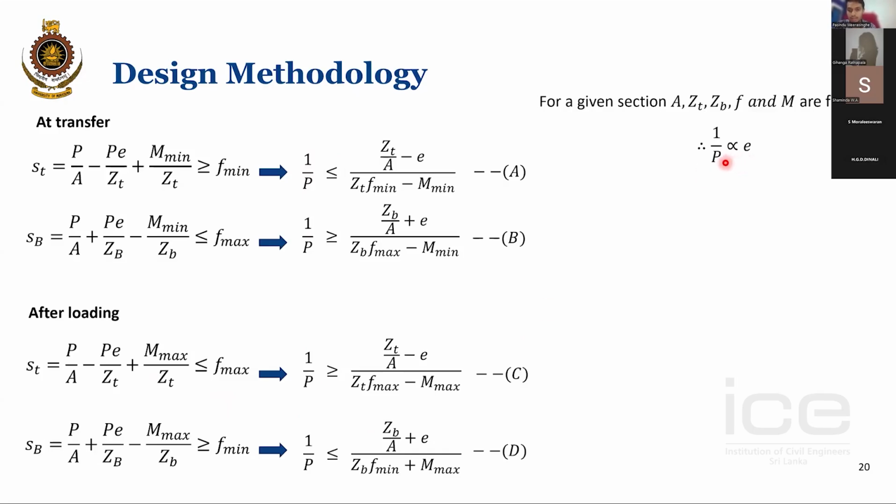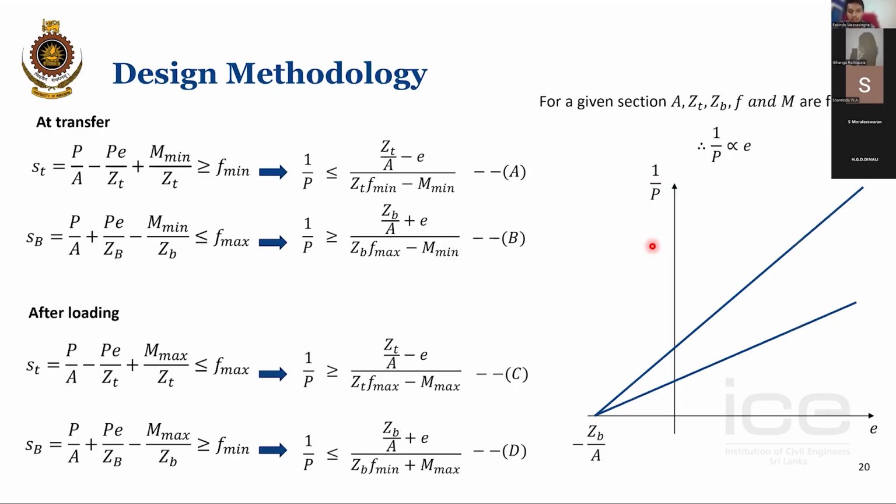in a Cartesian plane, because area, section modulus, the stress of concrete and moment are fixed values, you can see 1 over P is proportional to e. So if you plot a chart with e as the independent variable and 1 over P as the dependent variable, then because of D and B, you will get these two lines.